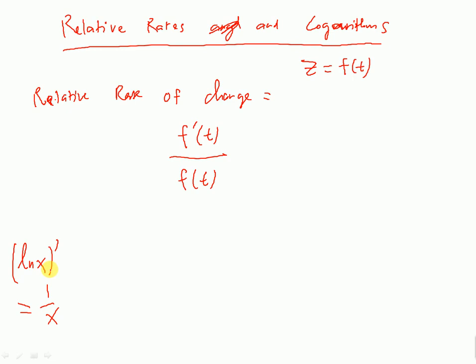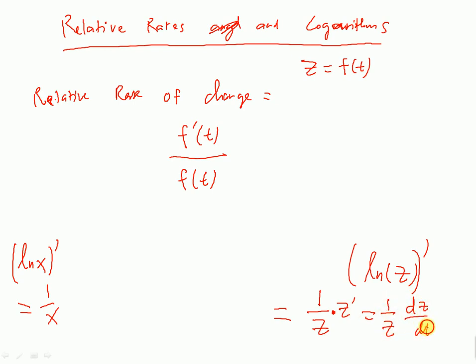The same thing here: if I have ln of z, and z is a function of t, then taking the first derivative I would have 1 over z, and then I multiply with z prime, because z is a function of t, where z prime is dz over dt, so 1 over z times dz over dt.